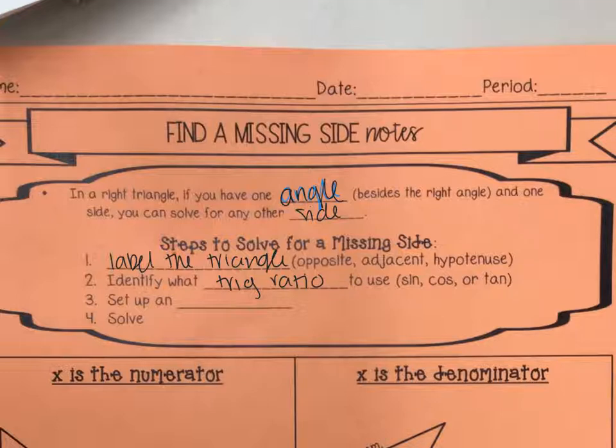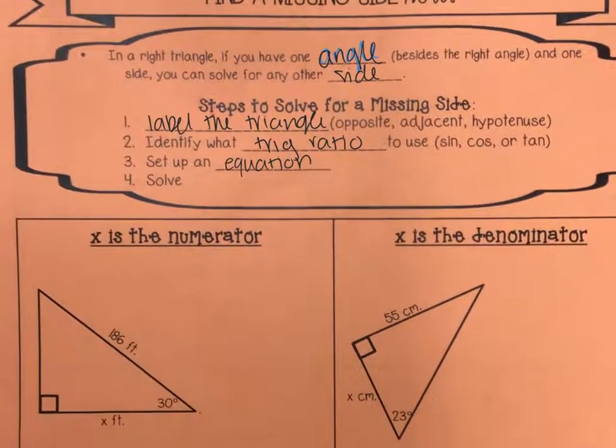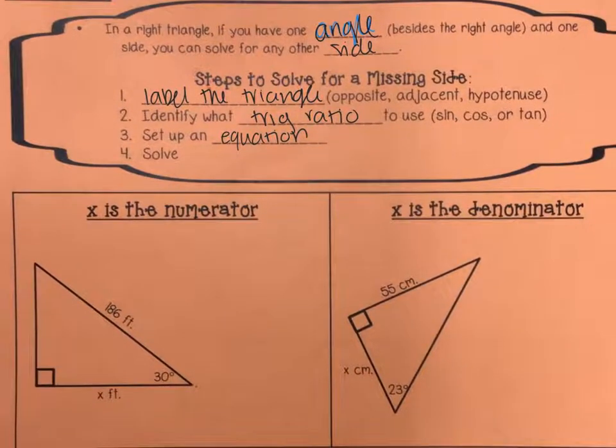So sine, cosine, or tangent. It's going to be one of those three. And then we set up an equation, which is just writing it down. And then we're going to solve.